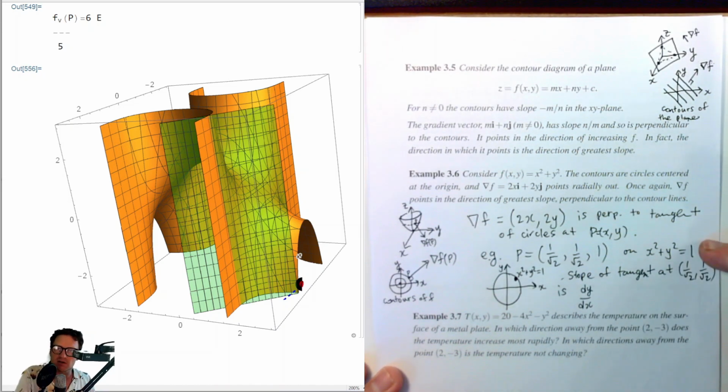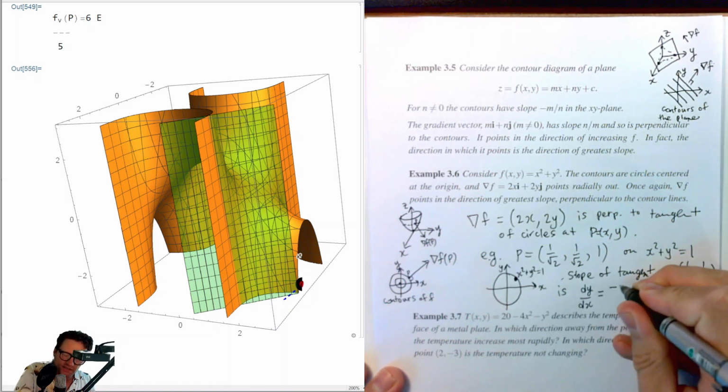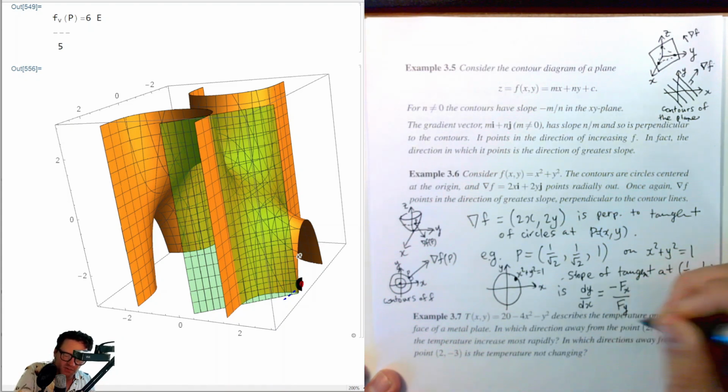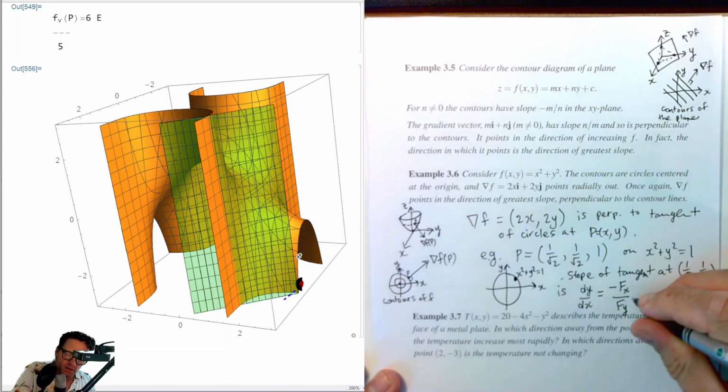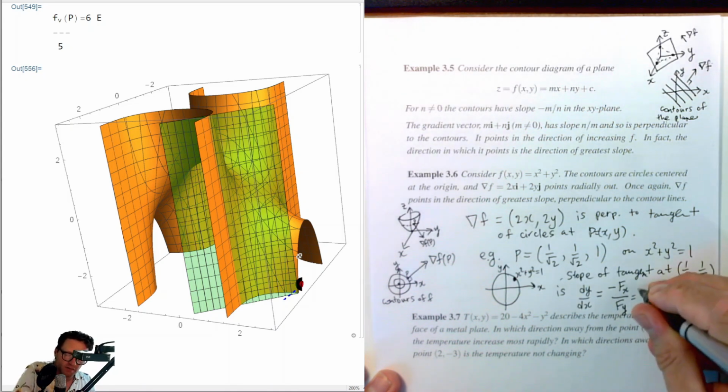But since this curve is given implicitly, we need to do this with an implicit derivative, and that's given by the formula minus f subscript x over f subscript y, where f of x and y is x squared plus y squared minus 1. So I've taken everything to one side so that I have 0 on the other side. All right, so the partial derivative of this with respect to x is 2x. So we've got minus 2x over 2y.